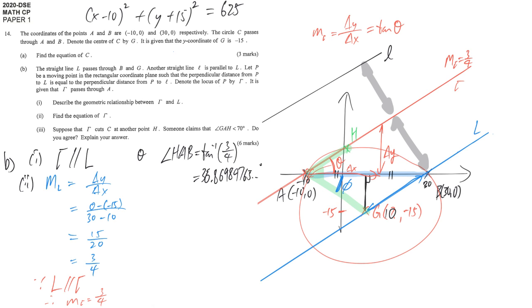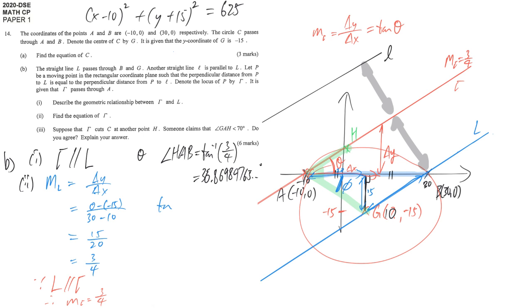And now we focus on the blue angle here. Again, for this angle, we compare points A and G, which is the most convenient. The vertical distance is between 0 and 15, so delta y is 15, while the horizontal distance is between 10 and negative 10, so the horizontal distance is 20.